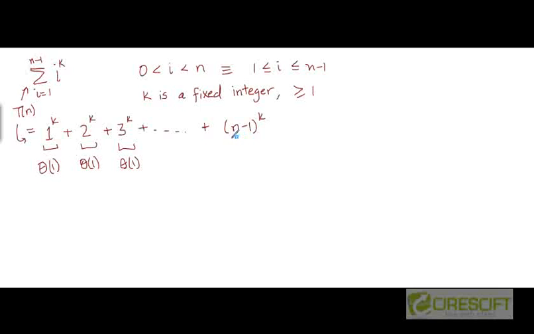What about the very last term? n minus 1 to the power k. Well, if we have to focus on the rate of growth of this term for large values of n, then we can guess that the rate of growth of n minus 1 to the power k will not be very different from the rate of growth of n to the power k, because for very large values of n, n and n minus 1 are approximately similar.